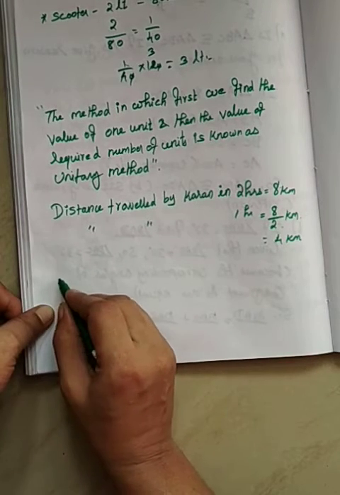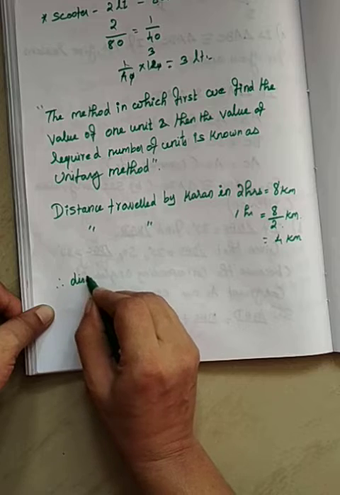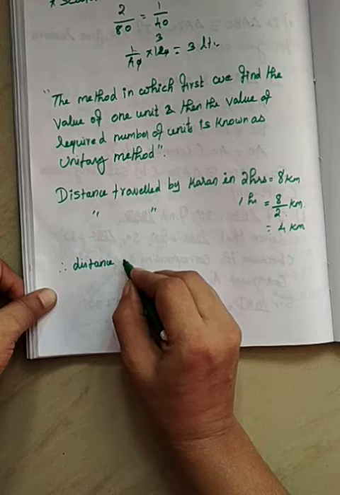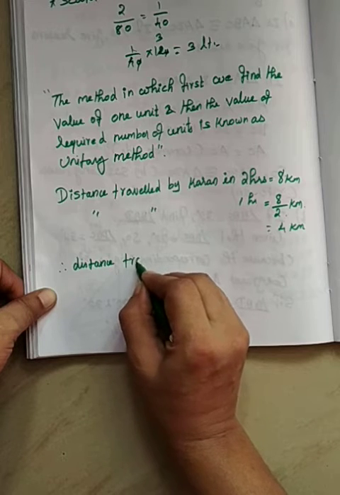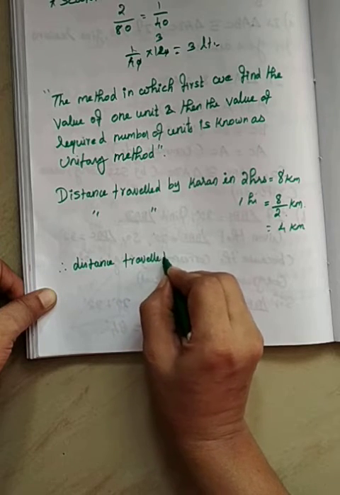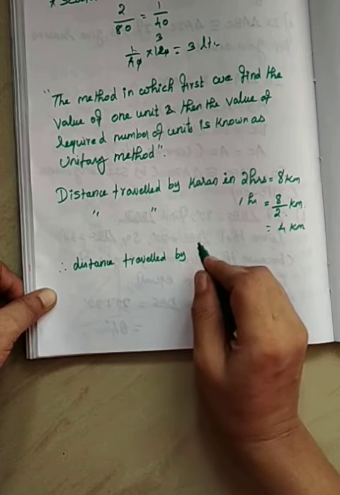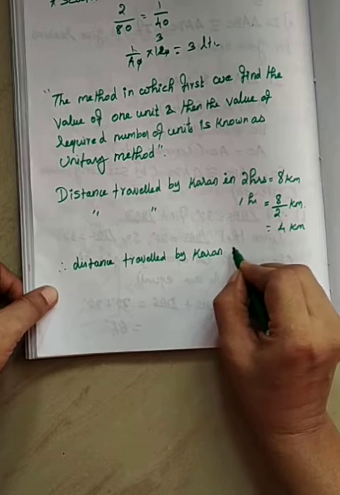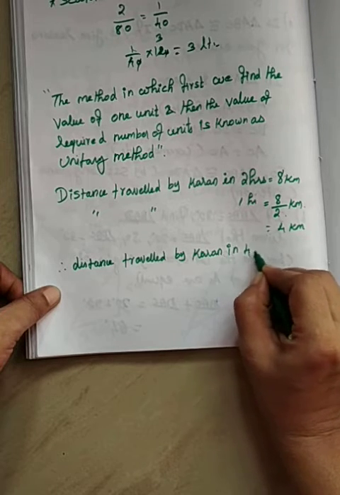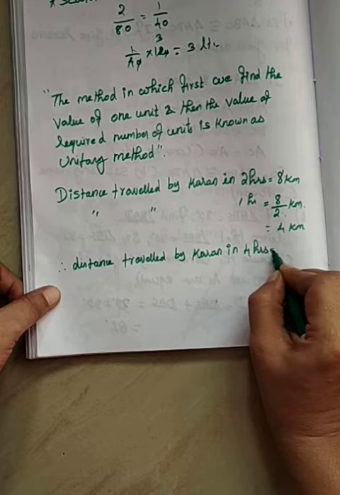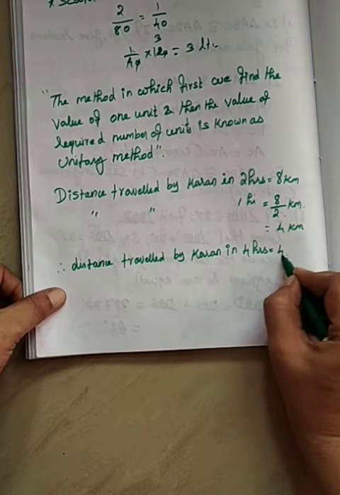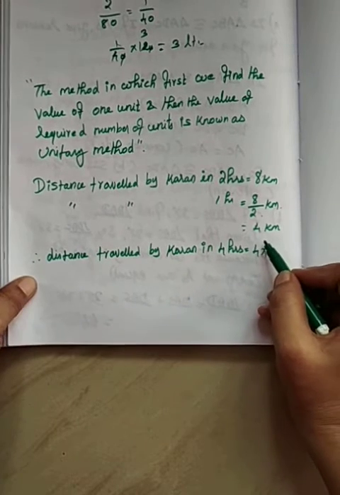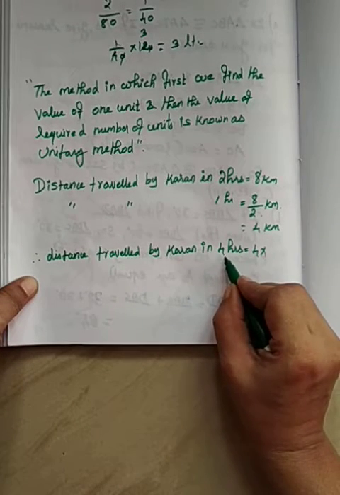Therefore, the distance travelled by Karan in 4 hours is equal to, 1 hour equal to 4 kilometers, now you have to find 4 hours.